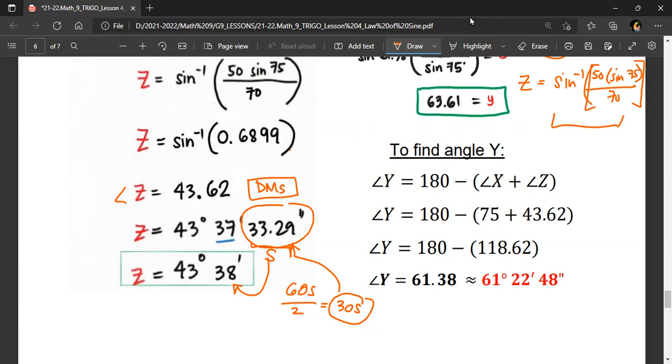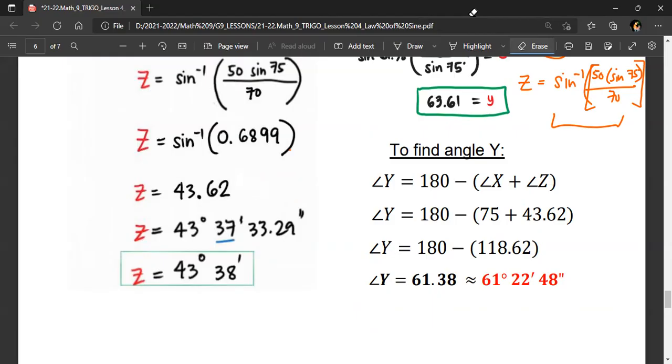Therefore, instead of 37 minutes, we will now have a final answer of 43 degrees and 38 minutes. So I hope you get that one. It's just like rounding up. If we have rounding up for decimal form, we also have rounding up with angles.